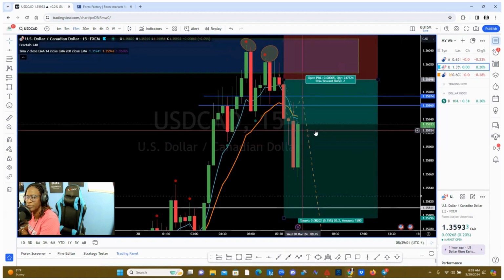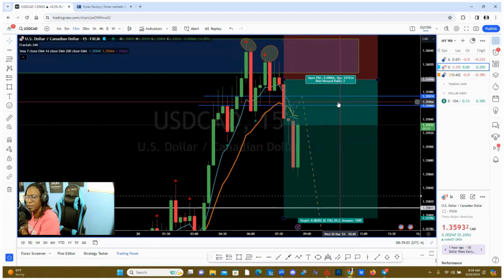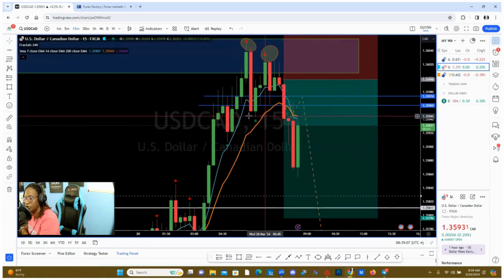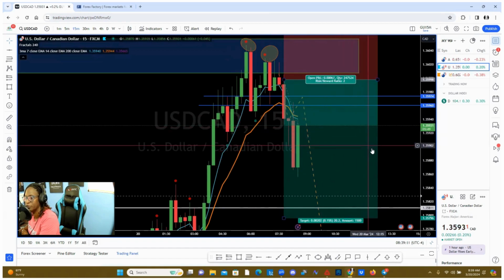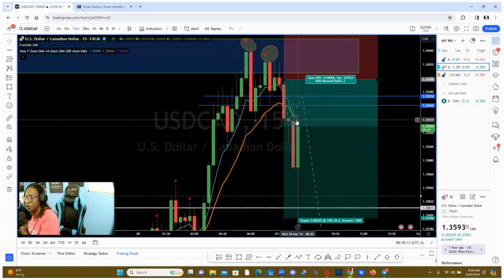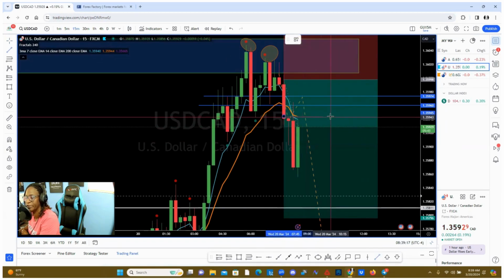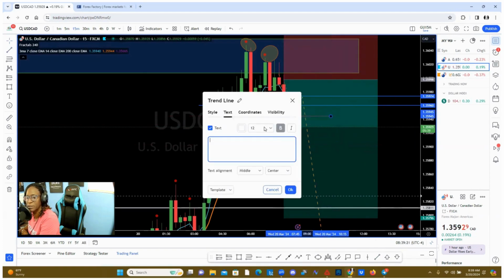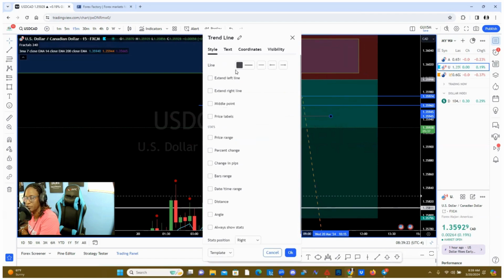It's huge engulfing right here. This is supply. We should respect it if we really want to continue down. We've got structure over there. We've got reasons to continue down from here, guys. I don't really see price going much higher than here. Let me do this, make it easier for everybody.